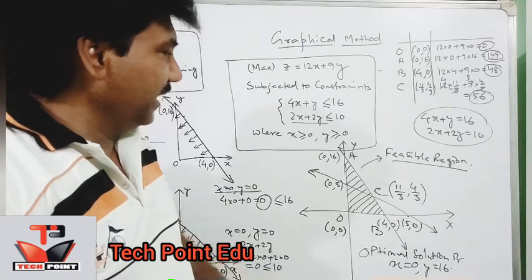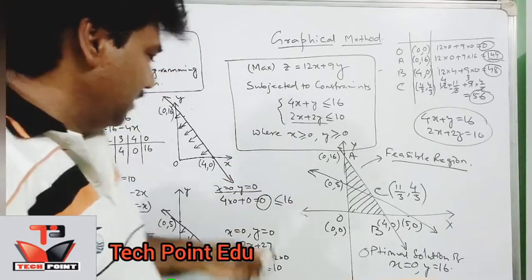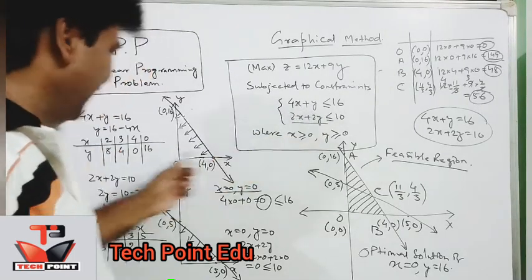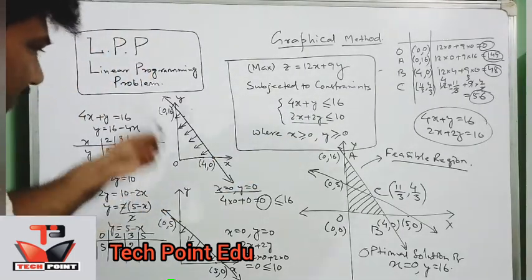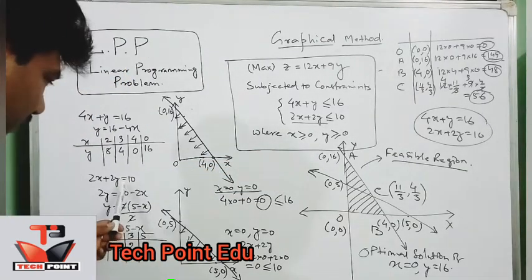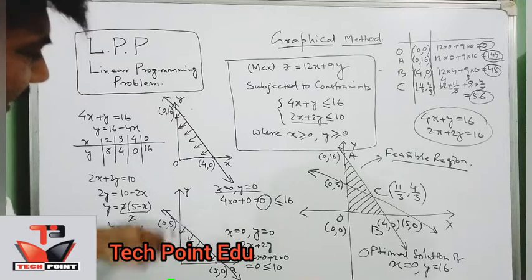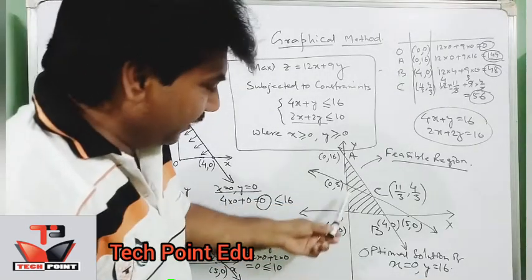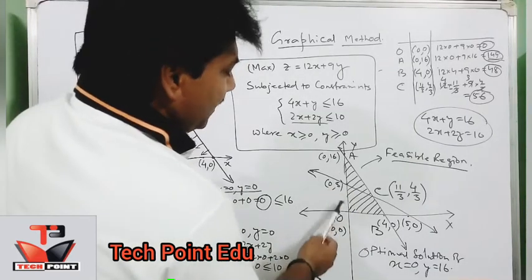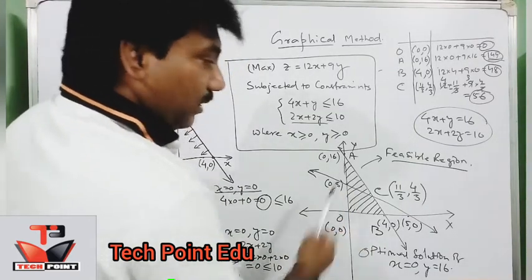Once again I am repeating the whole process. The given sum is this. Take the constraint equations, this one as equals to 16. Draw the graph separately. 2x plus 2y less than 10. Take equals to 10. Draw the graph separately. Join them. You will get the feasible solution or feasible region. And these 4 points are feasible solutions.